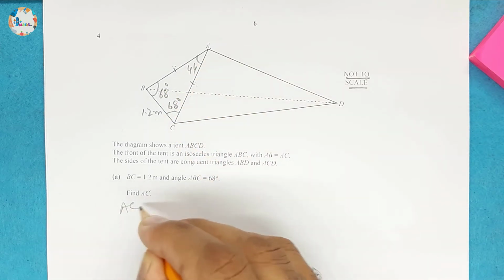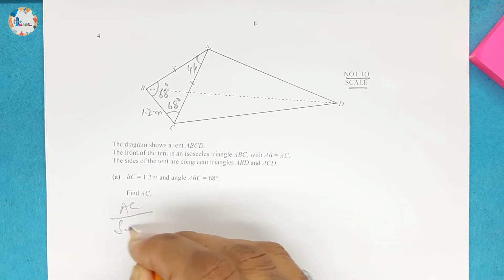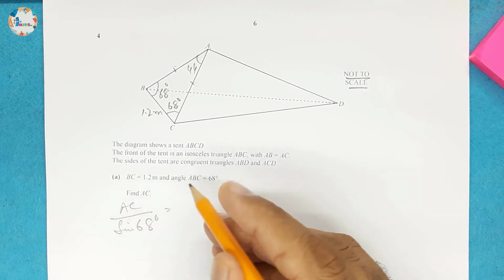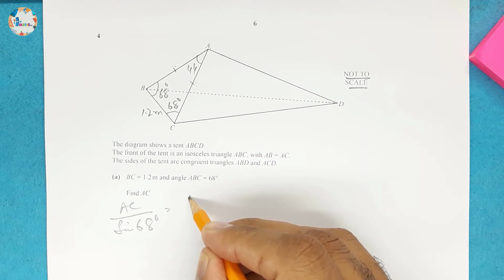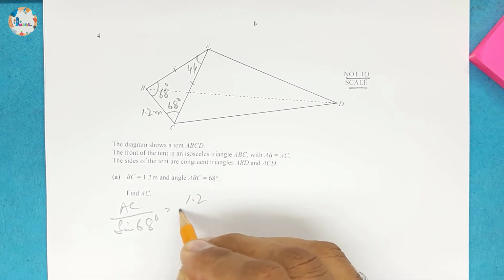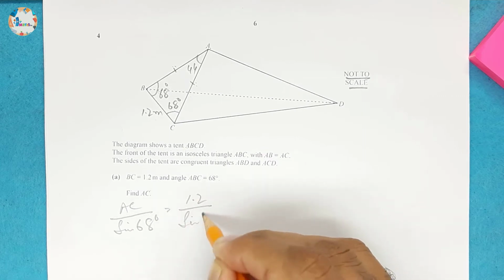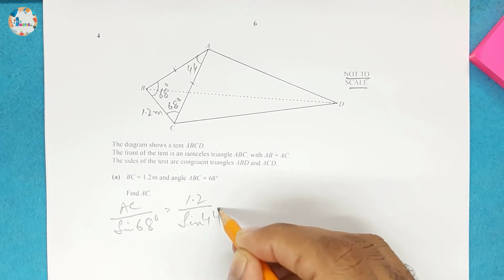So AC over sine of 68 degrees is equal to BC, which is 1.2, over sine of 44 degrees.